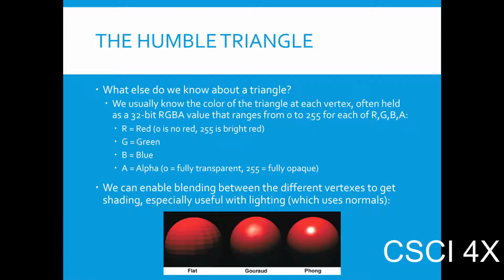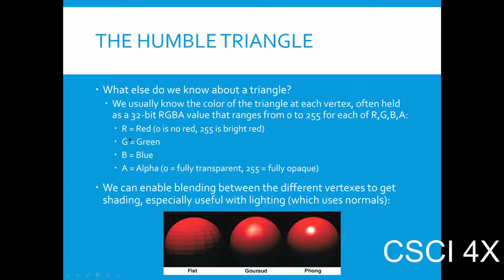In this case, we would have a sphere with a base color of red. And you can do more complicated things than that, but at the most basic level, you can just make it red if you'd like. And colors range from 0 to 255. 0 is nothing, 255 is maximum.